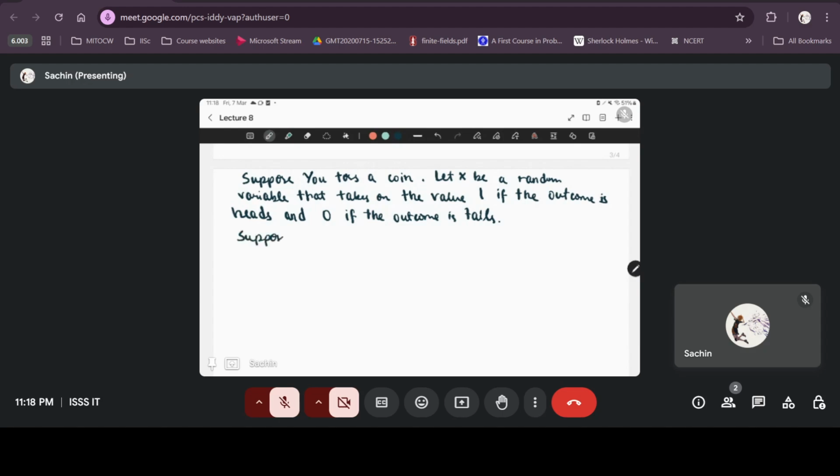Suppose you toss the coin 10 times and Xi is the random variable associated with the ith trial.